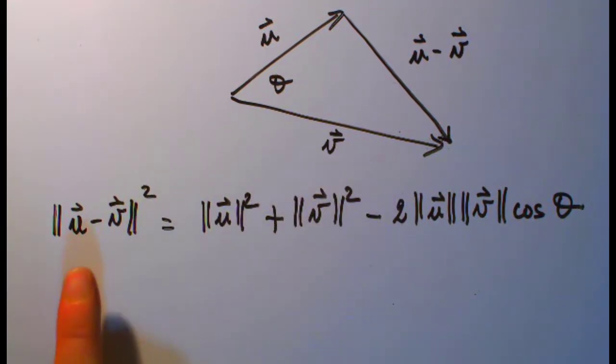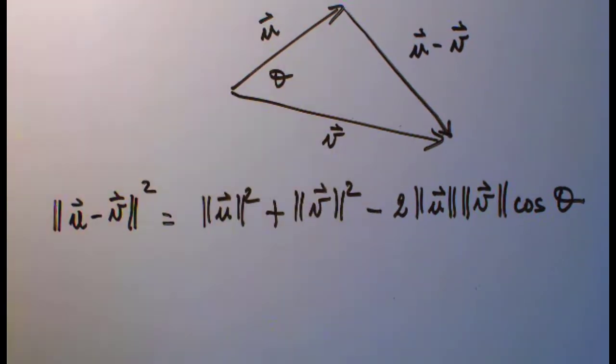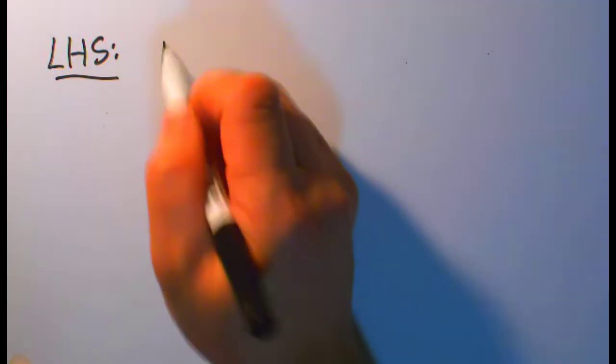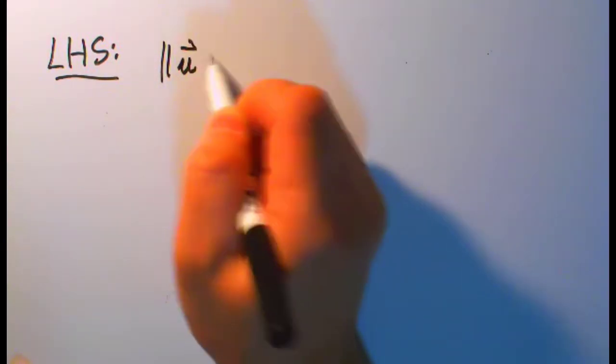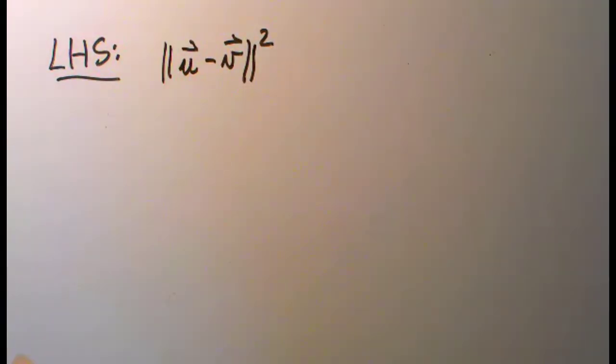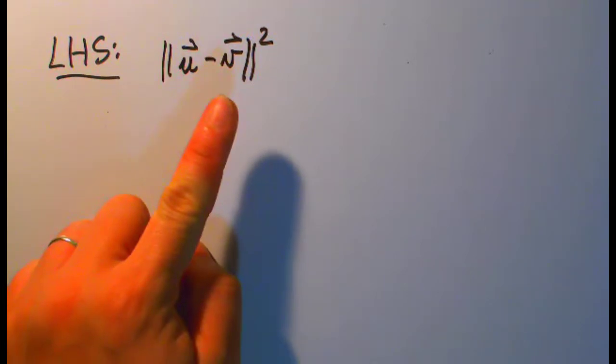Looking at the left-hand side of this equality is actually quite fascinating. So let's look at that left-hand side in particular. The left-hand side is u minus v as a vector, but we take the length, the square of that length. So the length of u minus v squared.